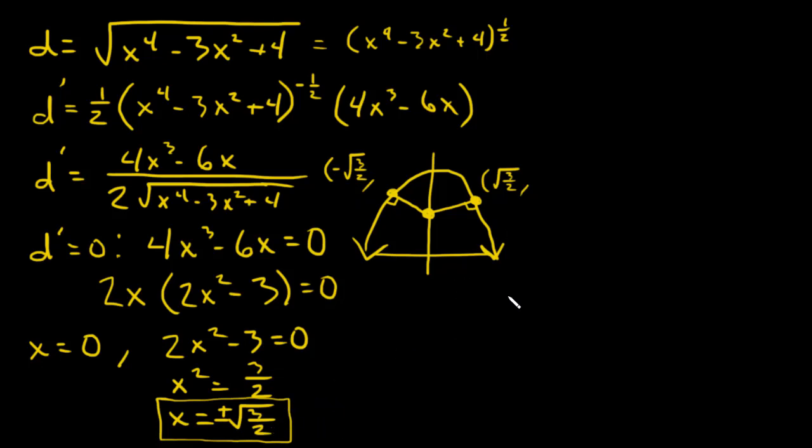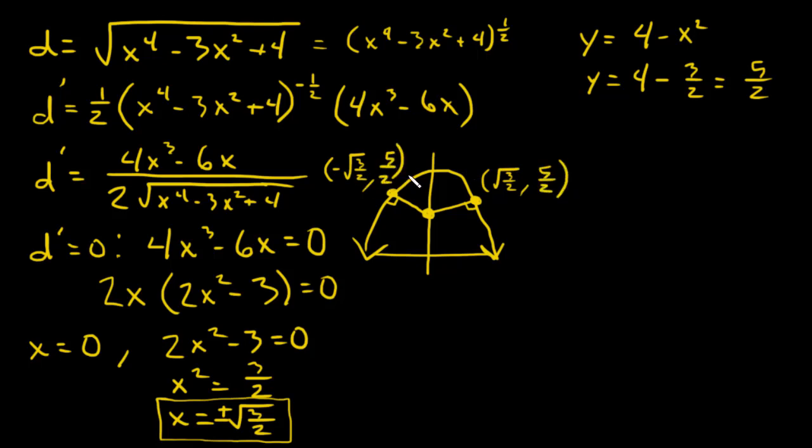Okay, now I just need to find what my y value is. Well, what in the world was y? Well, y, from my original function, y is equal to 4 minus x squared. So y is going to equal 4 minus root 3/2 squared. It's just 3/2. So y is going to equal 5/2.